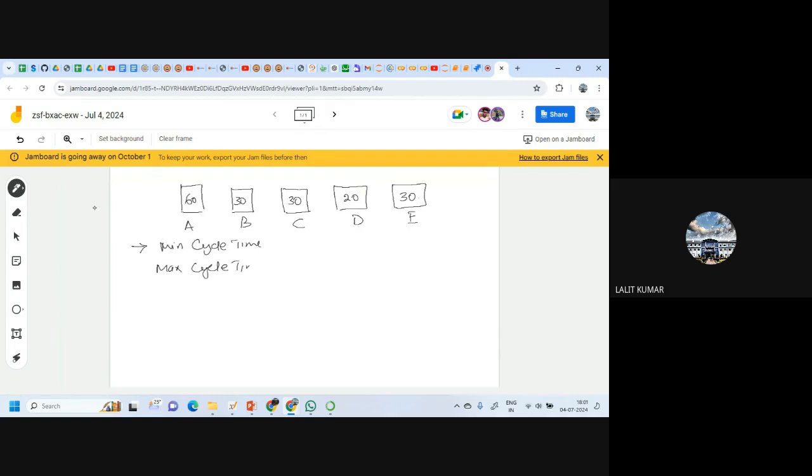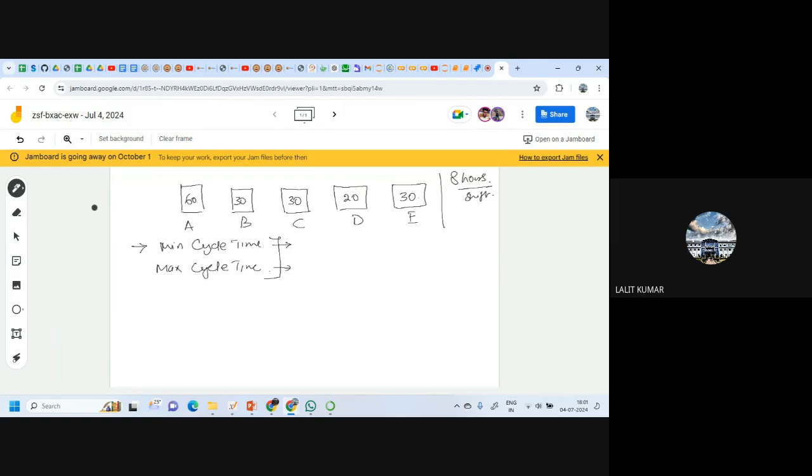And here I will say, for example, in a day there is a single shift of 8 hours. First, the minimum cycle time is the time of the activity which consumes the maximum time.